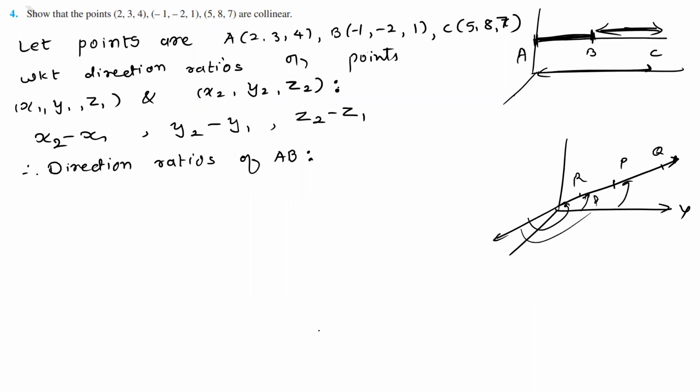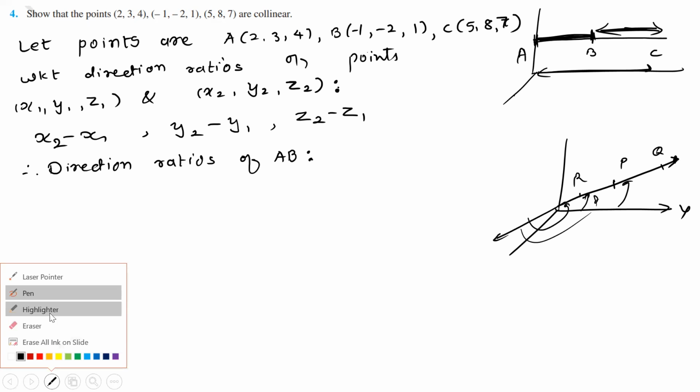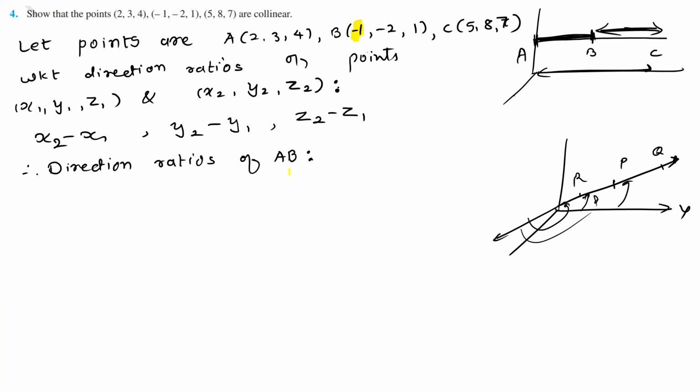We always take, if it is AB, the x coordinate of B minus the x coordinate of A. So the x coordinate of B is -1, minus 2, giving -3.